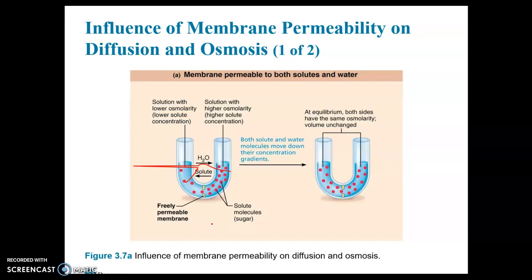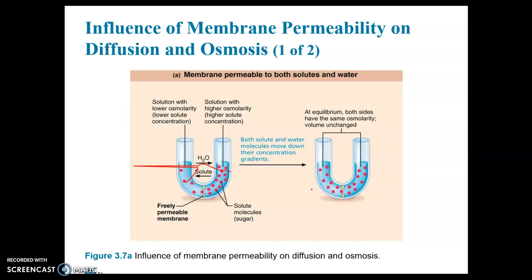In this case, it says both solute and water molecules move down their concentration gradients. So in this case, the sugar is small enough to pass across. What we see is that the sugar moves until both sides have equal concentrations of sugar.